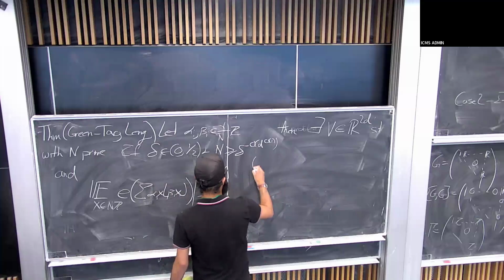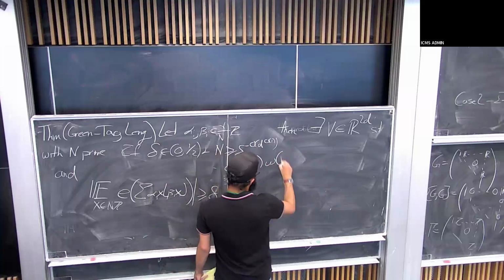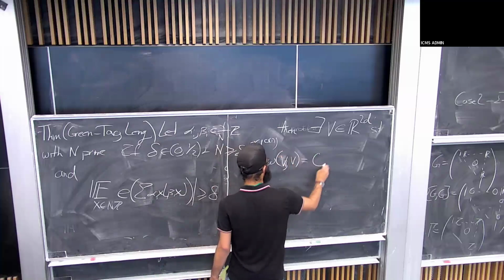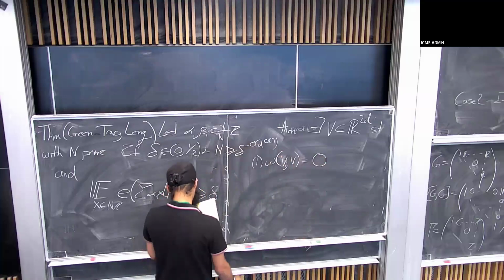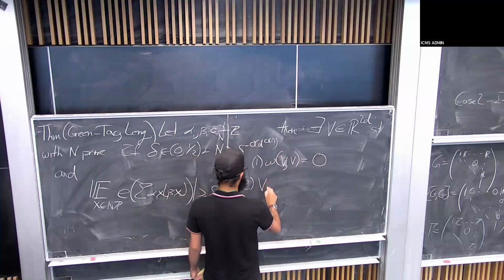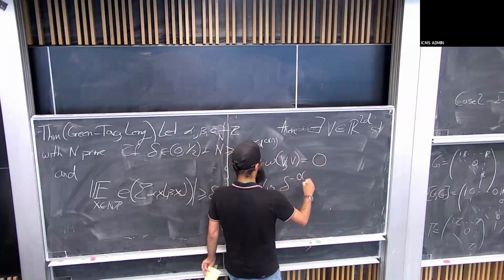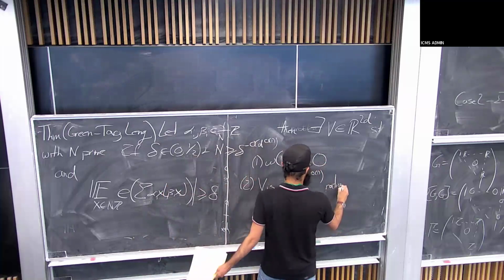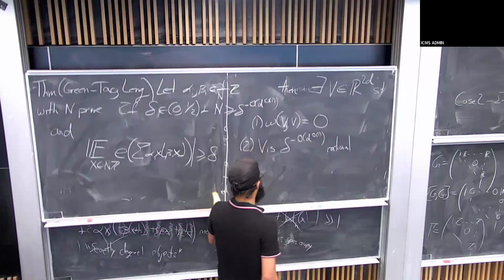What it has is that the commutator of V with itself is equal to 0, and the dimension of V is d to the O(1), rational. What does this mean?